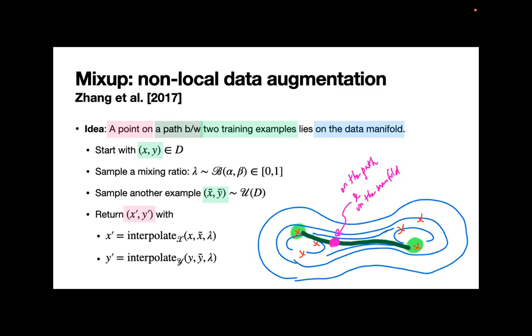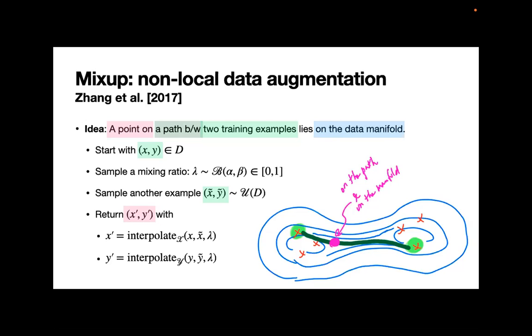So let's just take a look at the amazing drawing. Let's say I have six examples from roughly a mixture of two Gaussian-like things. I'm going to pick two points at random. And then there is a path along which any point lies on the data manifold. And then what we want is that for each of the training examples, we sample a mixing ratio that tells us where on this path I want to pick the point from.